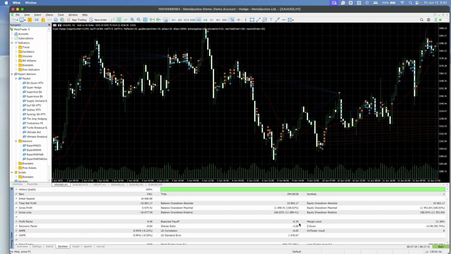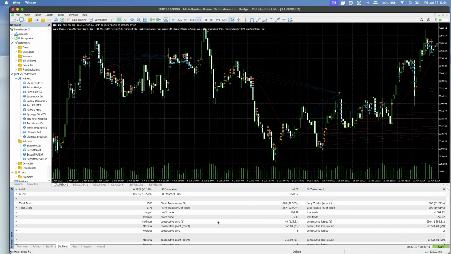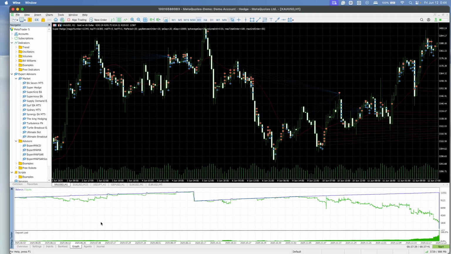Despite a high win rate on individual trades, we had 80% win rate and over 1,589 trades in total, with big winners and even bigger losers. Yeah, the equity curve started relatively stable, had some ups and downs, and then we had a massive drawdown that took everything.